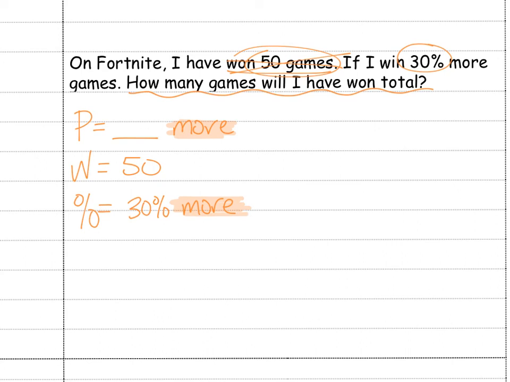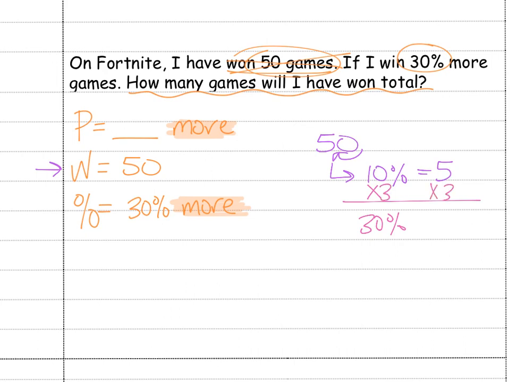So I could use the breakdown method or I can use the proportion. Completely up to you. I'm going to use the breakdown. So if I start with the whole, which is 50, if I find 10%, we move that decimal over 1, which is 5. Once I know 10%, I can easily figure out 30% because 10 times 3 would be 30. So 5 times 3 is that part, or 15.